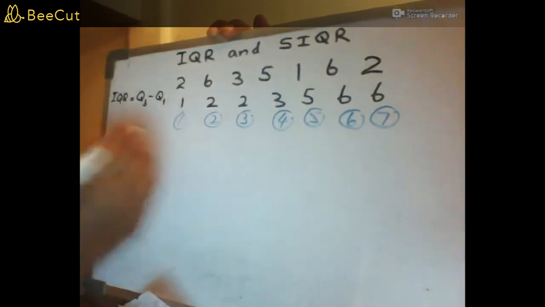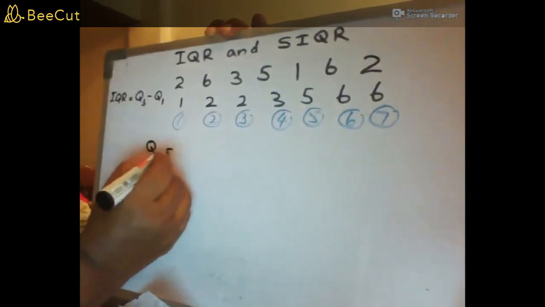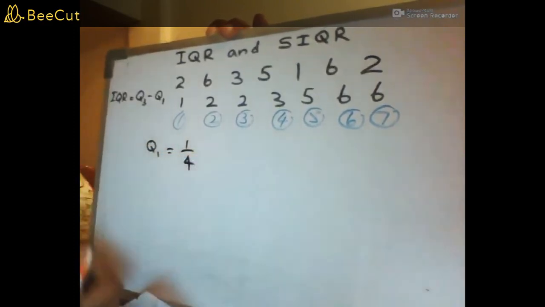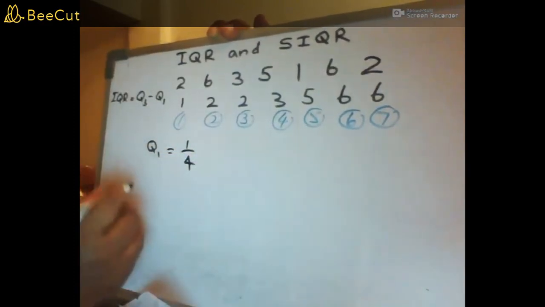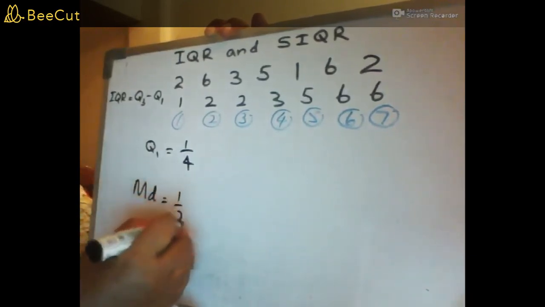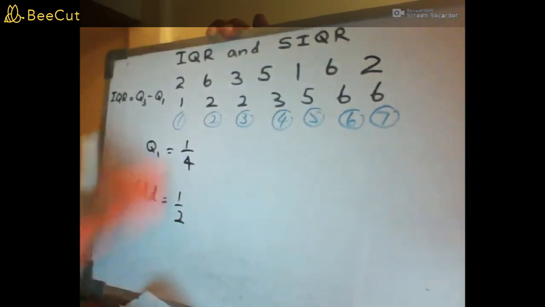First we'll find Q1. The formula for this one, Q1 equals 1/4. We are dealing with quartiles now. Earlier when we did the median, it was half because it is the middle place. Now we are dealing with quarters.